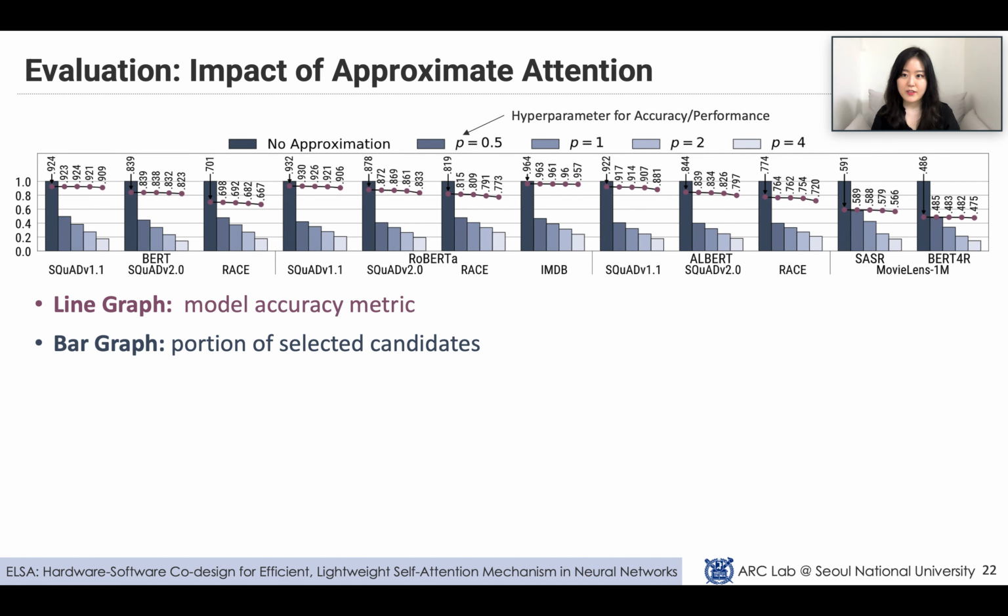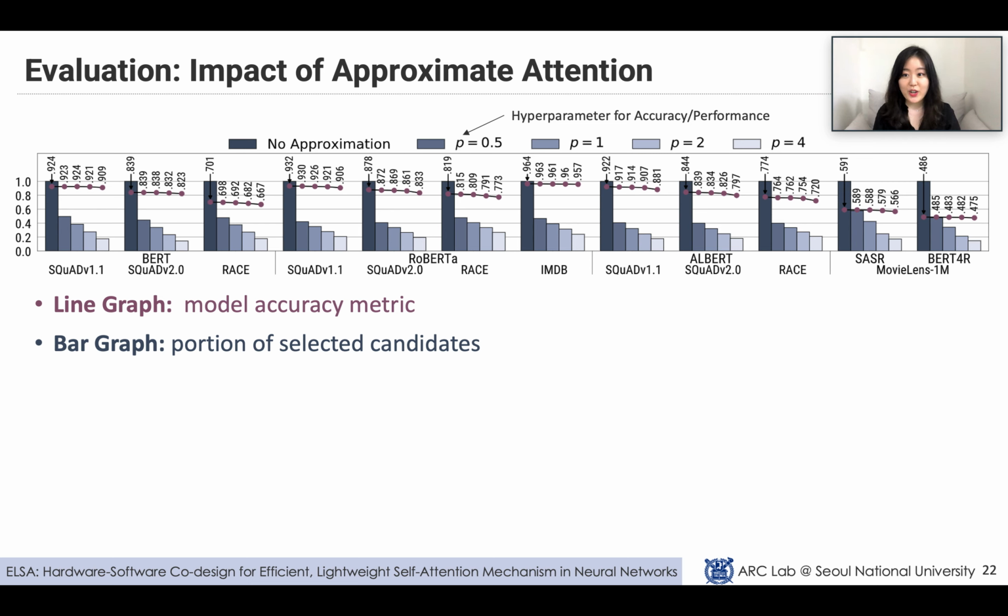Now let's look at the evaluation result. First, we show the impact of the approximation on the model accuracy. In this figure, P is our hyperparameter for accuracy and performance trade-off, and the paper provides more details about this parameter.